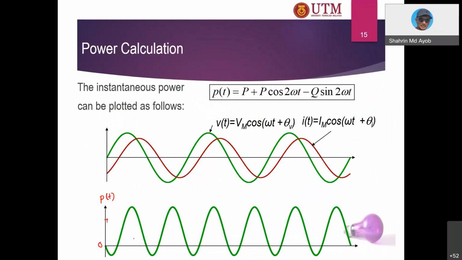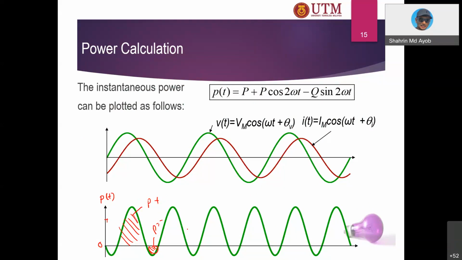So sometimes you have a positive value, and then at this point your value is negative. Sometimes the instantaneous power is positive, and sometimes the power is negative.